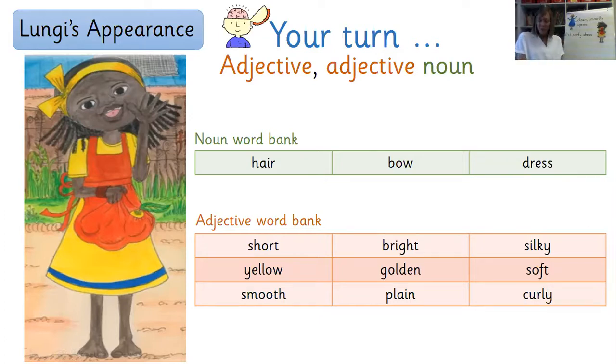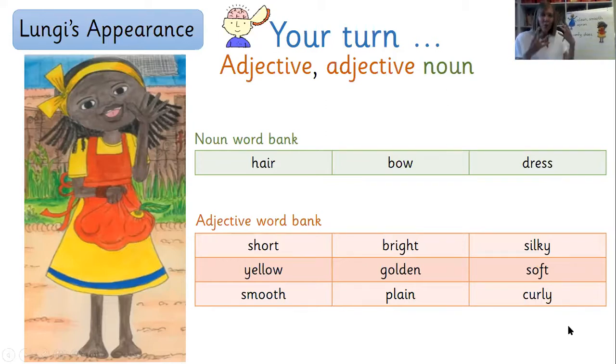And just to help you, I've also done an adjective word bank. So you've got some adjectives there that you need to pick for the nouns. We've got the adjectives short, yellow, smooth, bright, golden, plain, silky, soft, and curly.